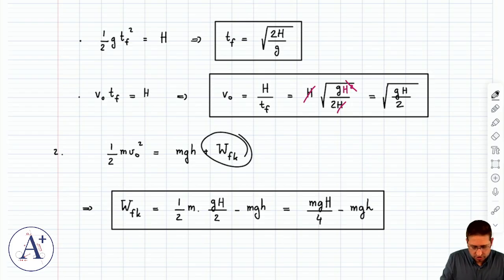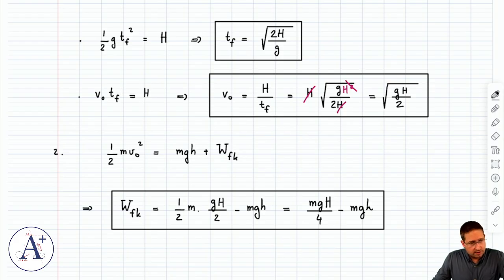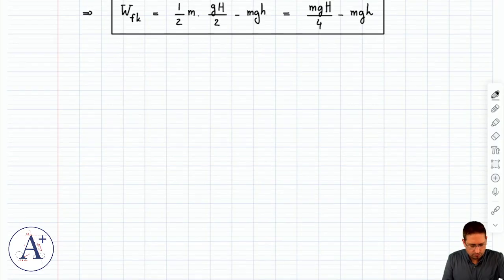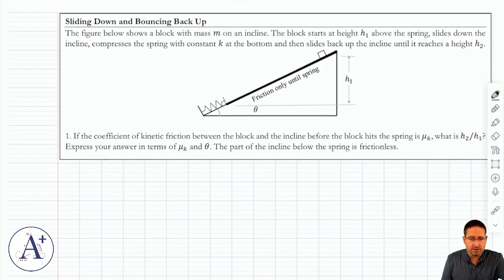It shows up in the equation. I just treat it as an unknown, the whole thing, and I solve it. But it's not the most common way of using delta K equals work net. However, it is something that happens from time to time, so it's good to know that you could do it that way. But the last problem might be more classical when it comes to kinetic friction and actually computing the work done by kinetic friction, because you can, and then trying to figure out, well, basically we're going to try to get a ratio, but more importantly, we're going to write things that are true, and then we can combine equations, okay?